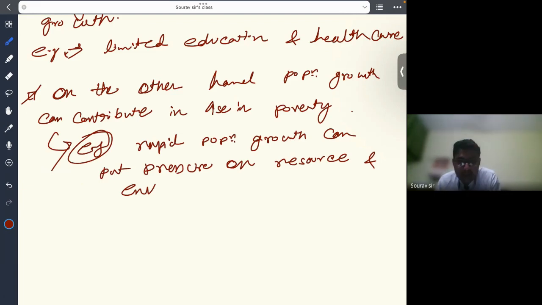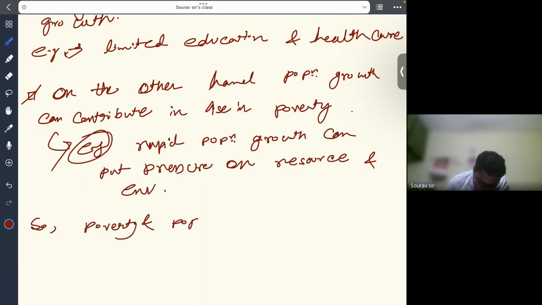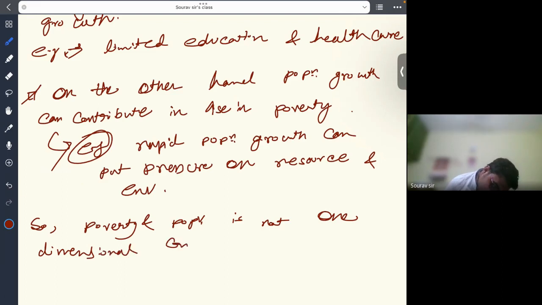There are many other factors that contribute to poverty and population growth, such as economic policies, social norms, and cultural and political institutions. So poverty and population is not a one dimensional concept.